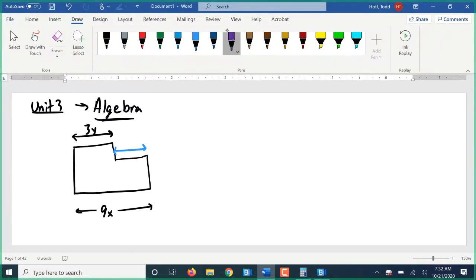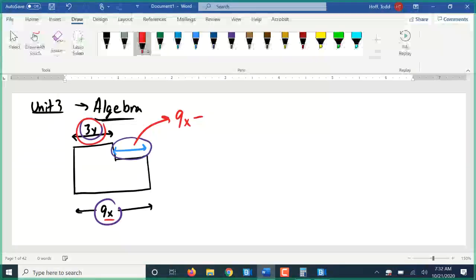Well, the simplest way to write that expression is to just say if this were a number and this were a number, I would be subtracting the two to get that length. Even though they're not numbers, I'm still going to subtract them. The expression for that length is simply going to be 9x minus 3y.